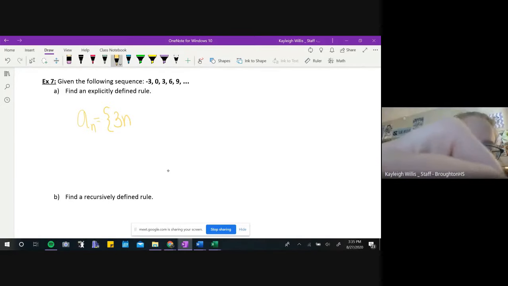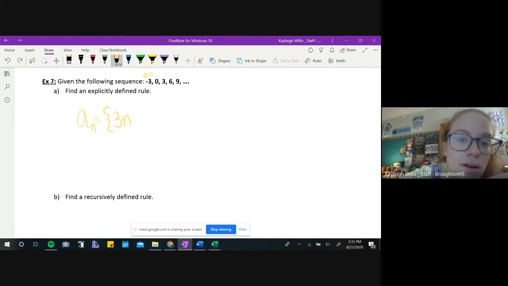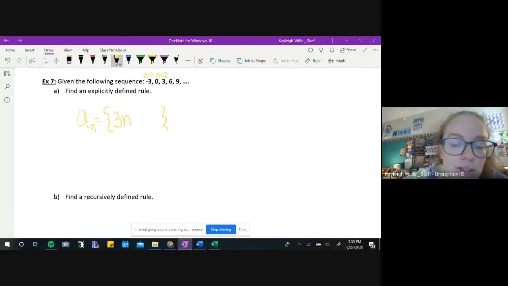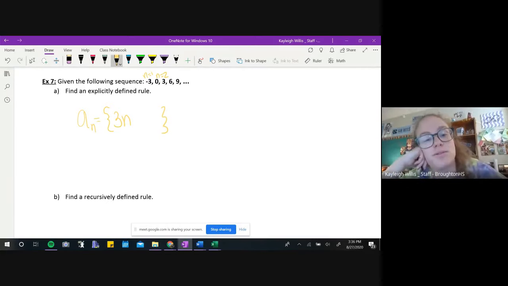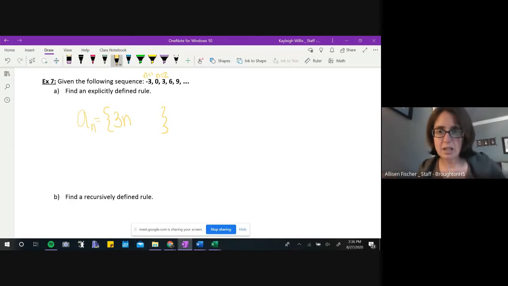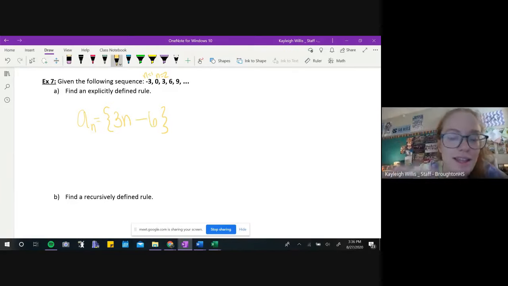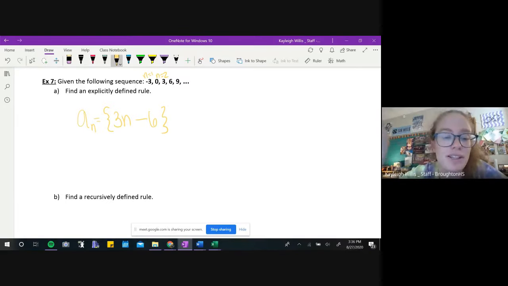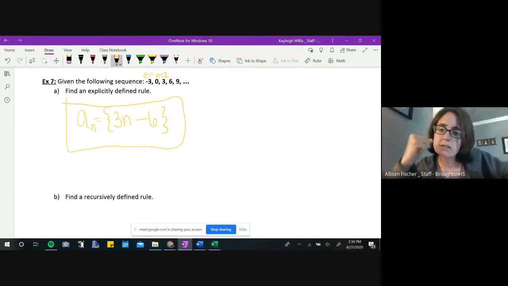So if this is n equals 1 and this is n equals 2, we have to think, what would I be doing to this 3n to produce negative 3? Subtract 6. I think that's right. Let's just double check with the 0. If I plugged in 2, I would get 6 minus 6, which is 0. Yes. Great.